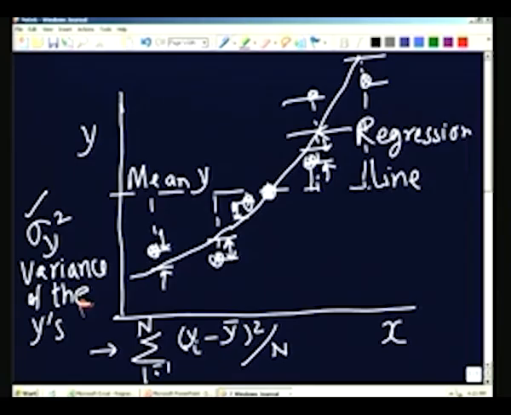If the variance with respect to the local value is small compared to the variance with respect to the mean value of the y, then I can say that whatever relationship I have obtained is good.